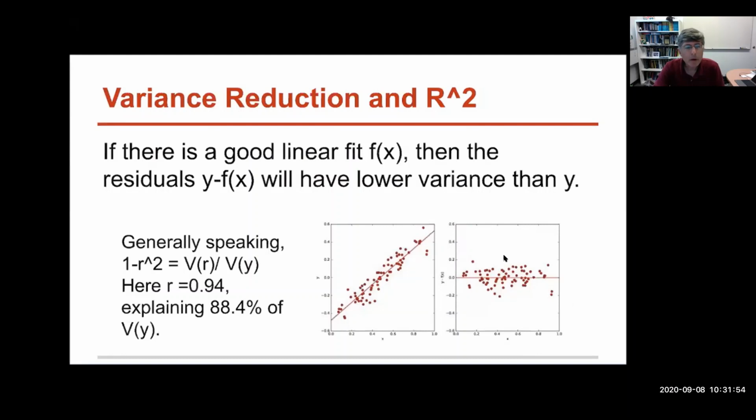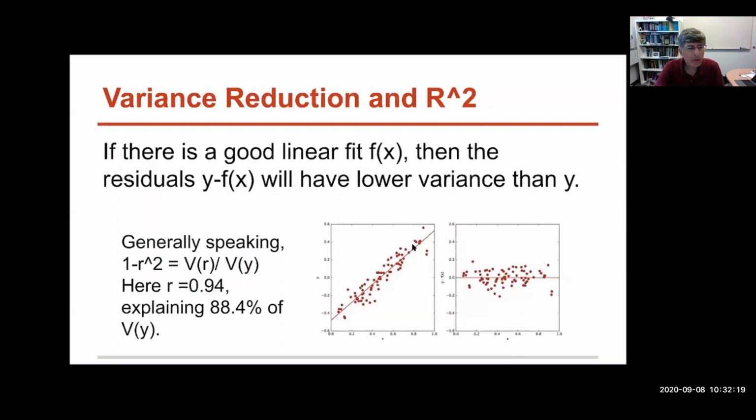The variance of the y values on the right side, okay, is much less than the variance on the left side. So when we say basically that 1 minus r squared is equal to the variance of the residuals divided by the variance of the original values, okay?